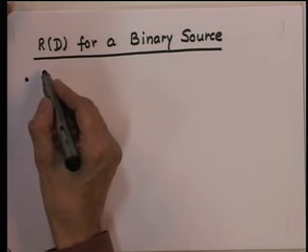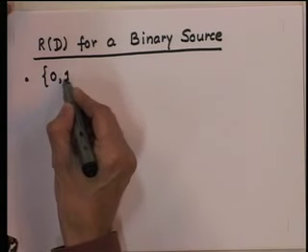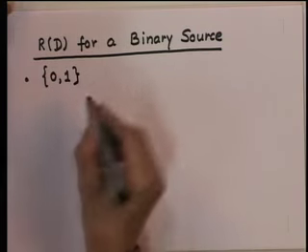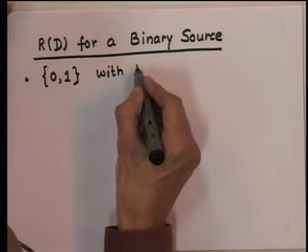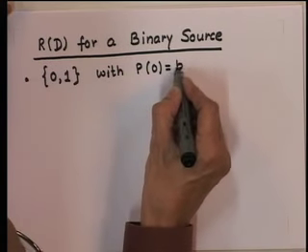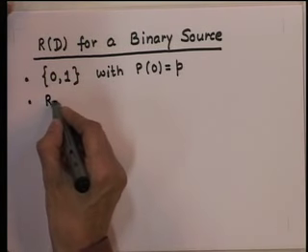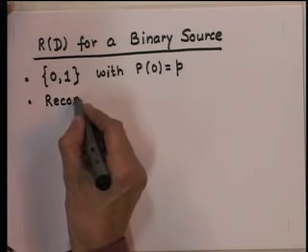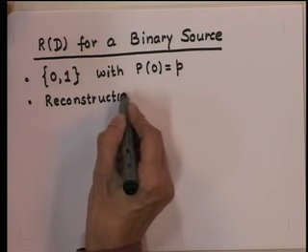Suppose we have a source alphabet consisting of 0, 1 with probability of 0 equal to small p, and let us assume that the reconstruction alphabet is also binary.